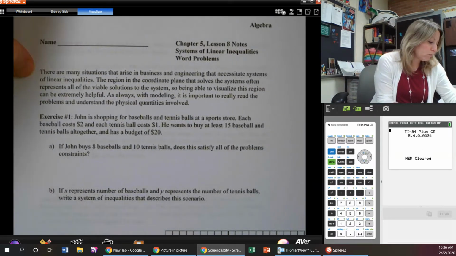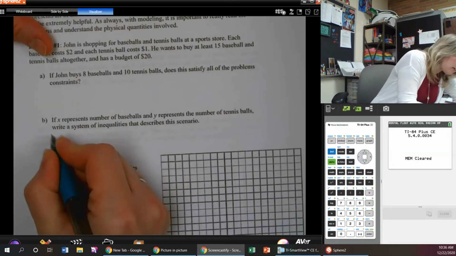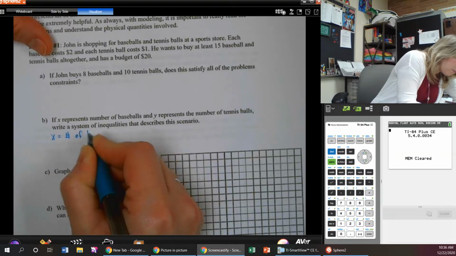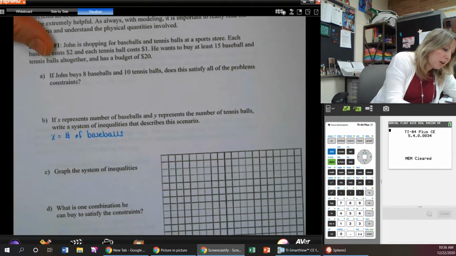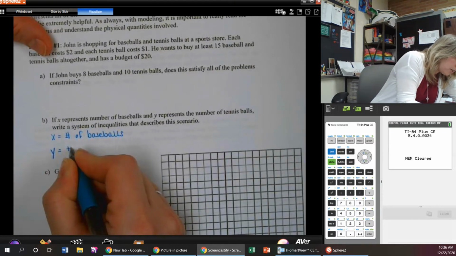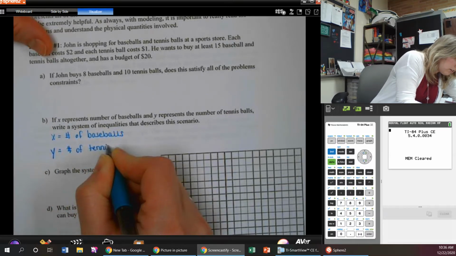Okay. So if X represents the number of baseballs, X equals number of baseballs. Okay. And Y represents number of tennis balls. Y equals number of tennis balls.